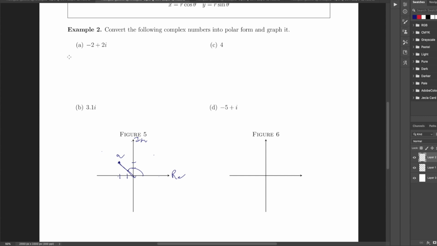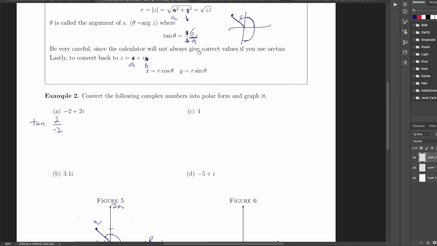But here, if we just tease that out, we'll have tangent of theta equals 2 over minus 2, because remember the a is on the bottom. This is sometimes called the argument. If we took the arctangent of that, we'll get minus pi over 4.